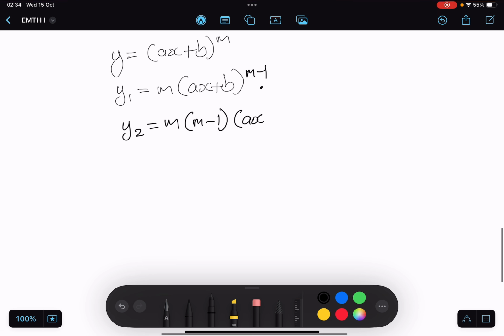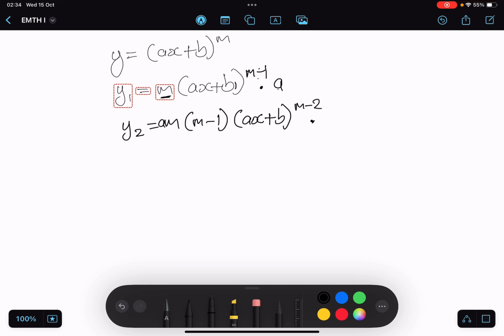Here, to find the first derivative, we are using the chain rule. We find the first derivative of what is inside the bracket, which is a. So the second derivative here is going to be m, then we multiply with the power, then this is (ax + b)^(m−2), since we subtract 1 from the power, times this a, right?